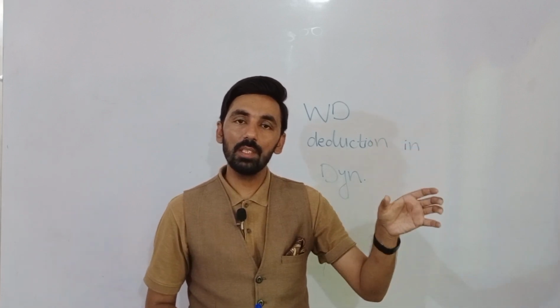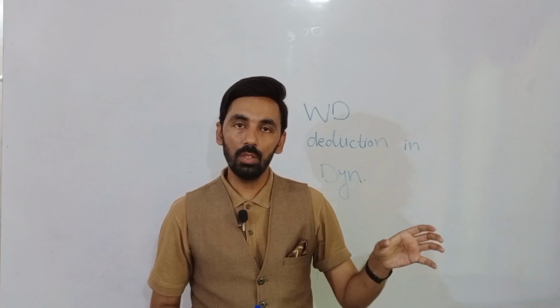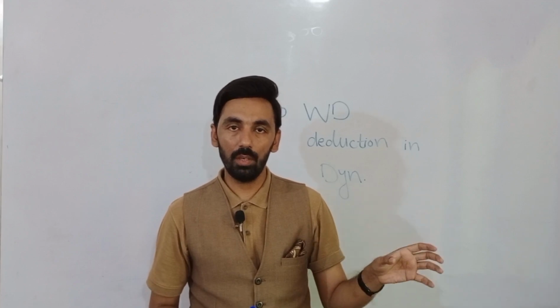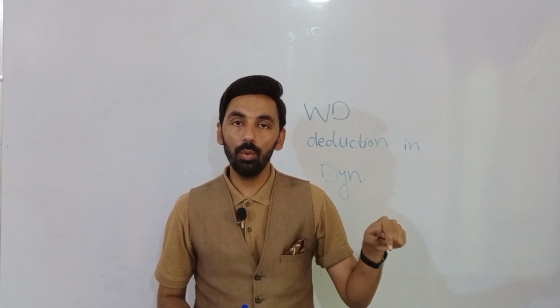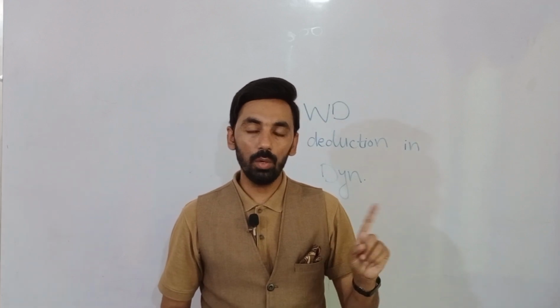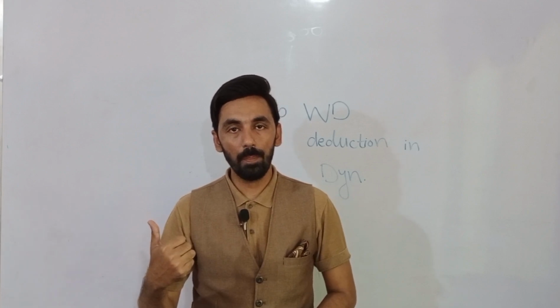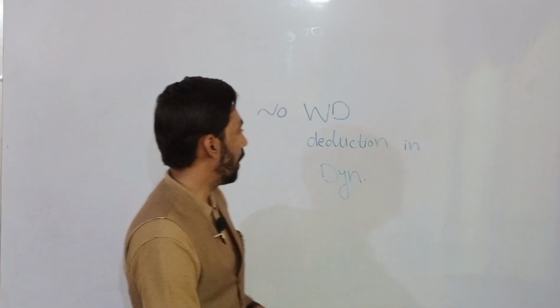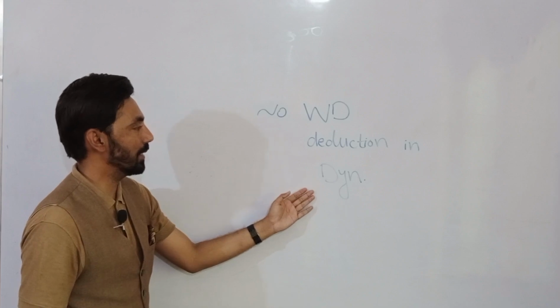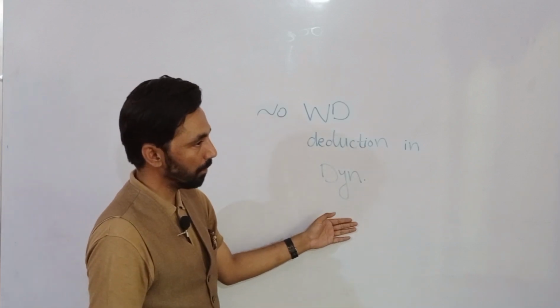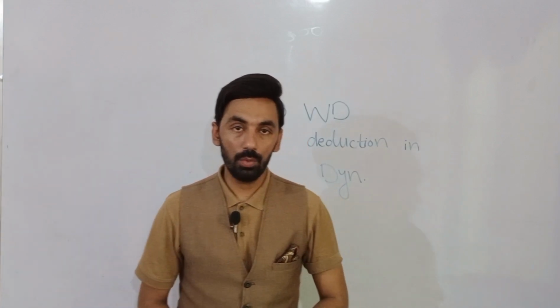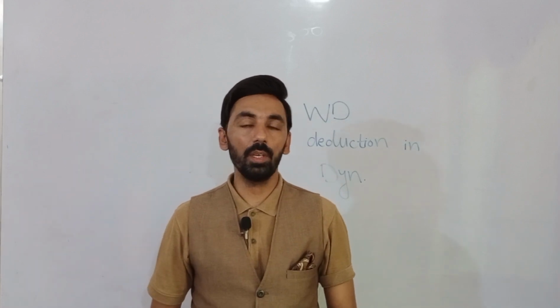In all of these complaints, we will perform dynamic retinoscopy. But if we are going to find refractive errors, dynamic retinoscopy is not usable, but static retinoscopy is. So we are not going to deduct working distance from the neutral points in dynamic retinoscopy.